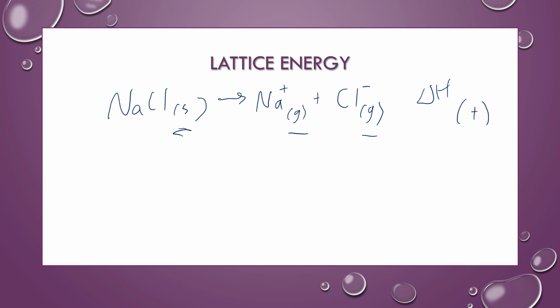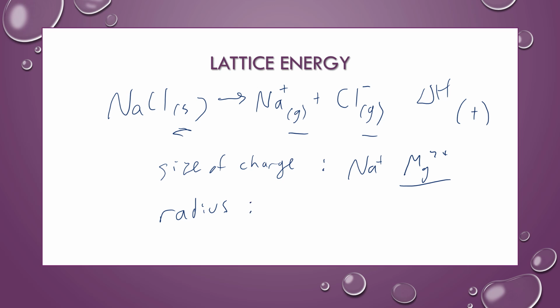And it is influenced by 2 main factors: the quantity of the charge, I'll say size of the charge. And so that means something like comparing sodium ions versus magnesium ions. Magnesium ions have a larger charge, so it's going to take more energy to break it apart. The other thing will be the radius of the ion.